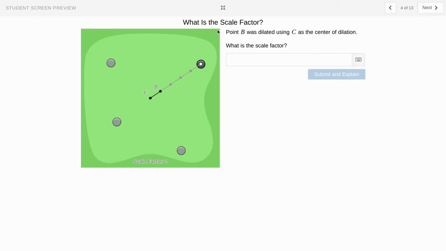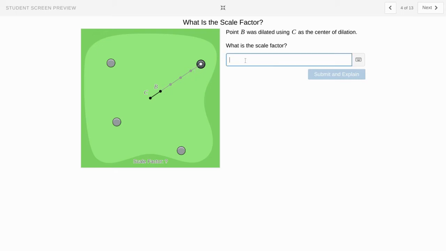All right, so what is the scale factor? So point B was dilated using C as the center of dilation. So notice that right here is our first line segment. What is the scale factor to get B to the hole? Well, all we have to do is count. 1, 2, 3, 4, 5.